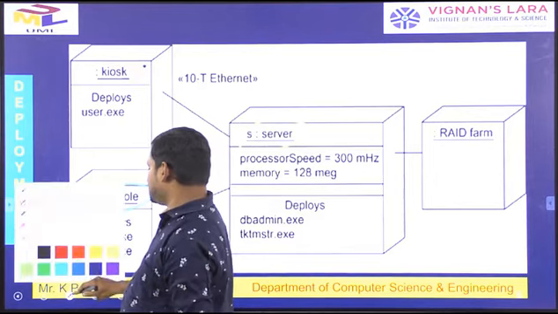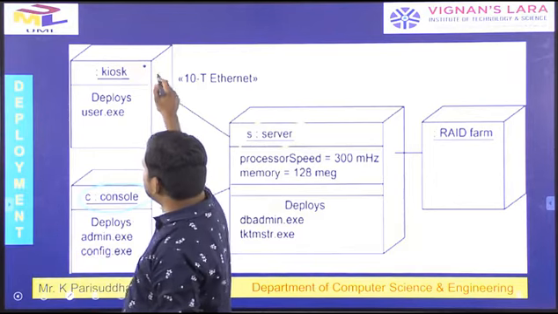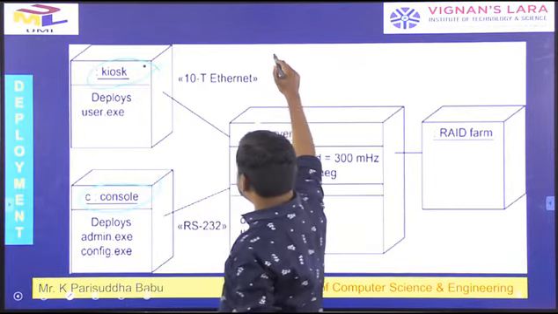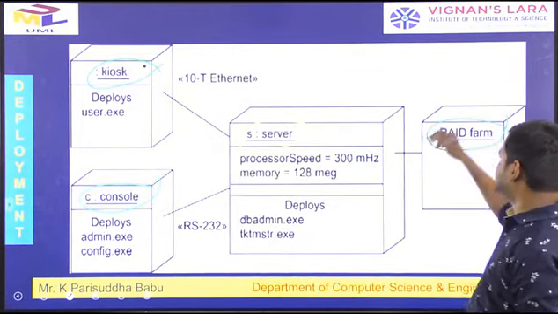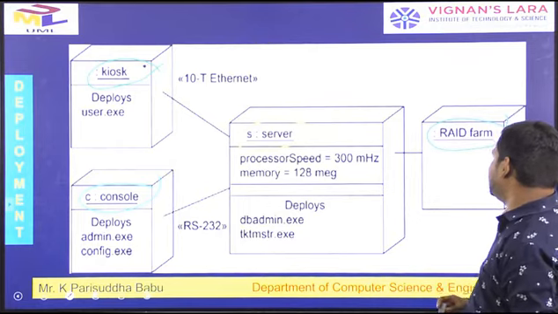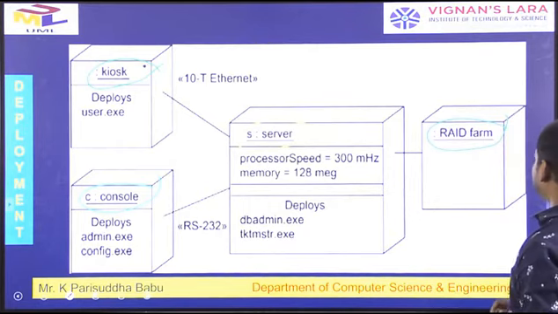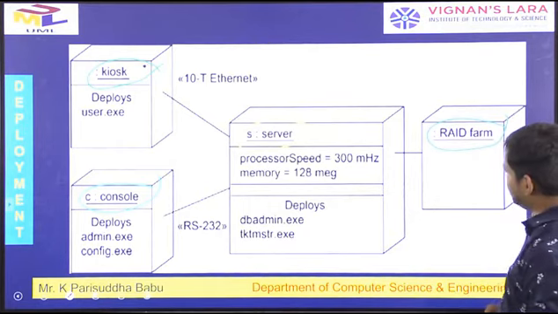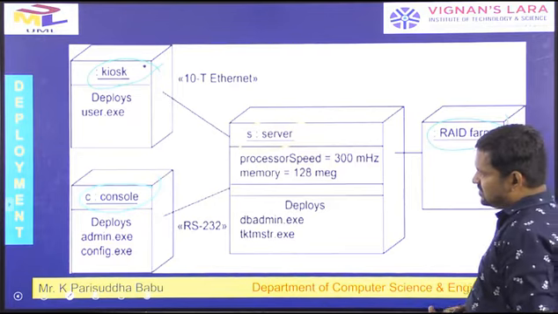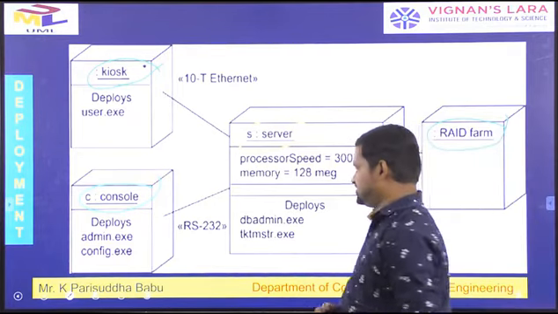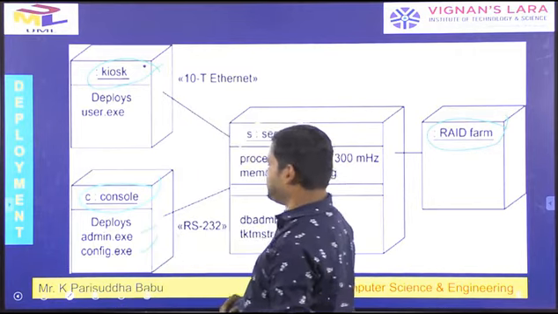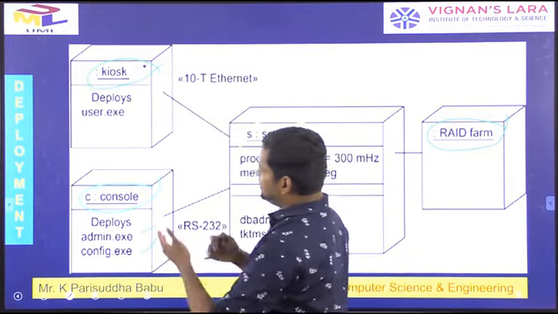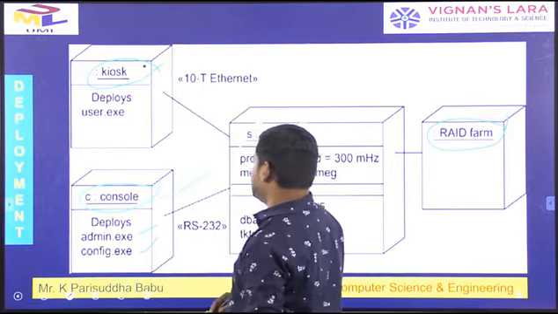So this is the kiosk server, the 10T Ethernet server, the RAID farm, and a server, that is one server. Okay. So the deployments admin.exe and config.exe are the deployments available in the console node.